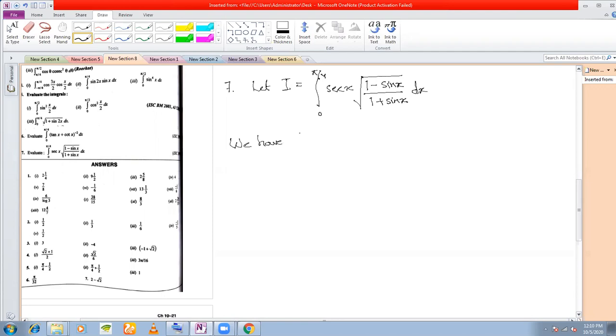So we have integral sec x root 1 minus sine x by 1 plus sine x dx. Now the question is how to simplify this expression. You multiply the numerator and denominator by 1 minus sine x.